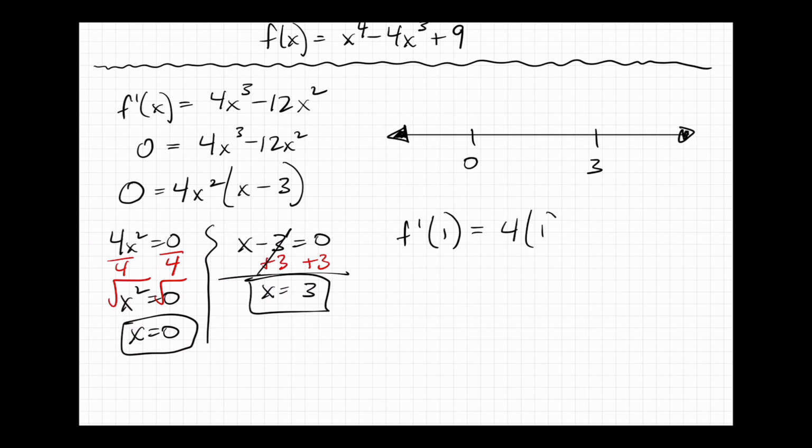So I plug it into the derivative, and I just want to see if I get a positive or negative number. That's all I'm checking for. I get 4 minus 12, which is a negative 8. So I know that everywhere in between those two values, it's going to be decreasing. It's not what I want, right? I want increasing.